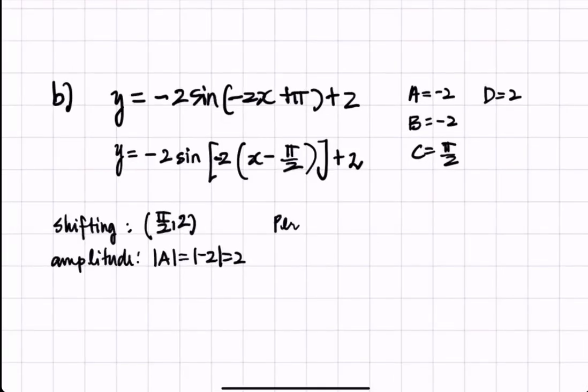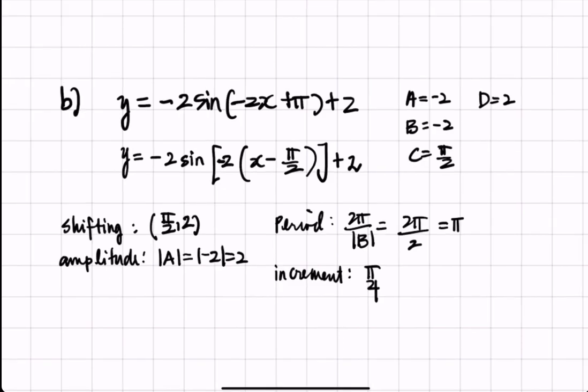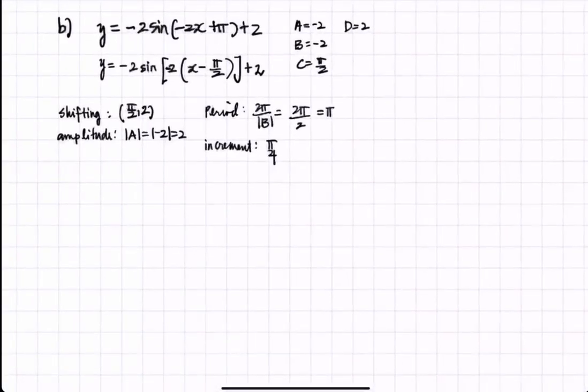Period, 2 pi over the absolute value of B, which is 2 pi over, what is the absolute value of B? 2. And the increment is period divided by 4. So, yung tick marks natin on the x-axis is pi over 4. So, let us sketch the graph.